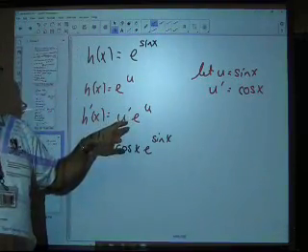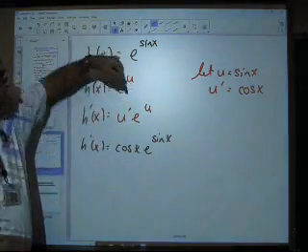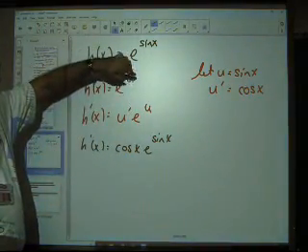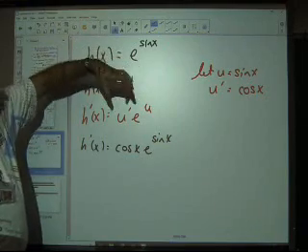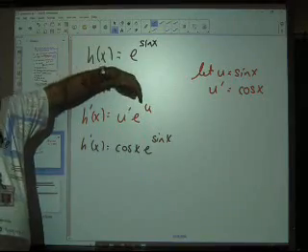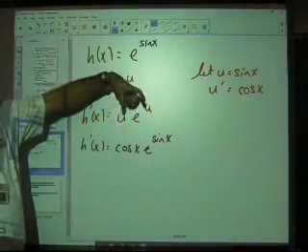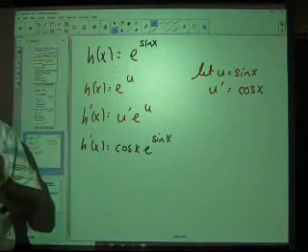I'm looking at the e to the u. And the question is, does the e to the u become this as a derivative? U prime, or probably it's e to the u times u prime. But the order of that multiplication isn't nearly as critical as the fact that we have the u prime in the problem.